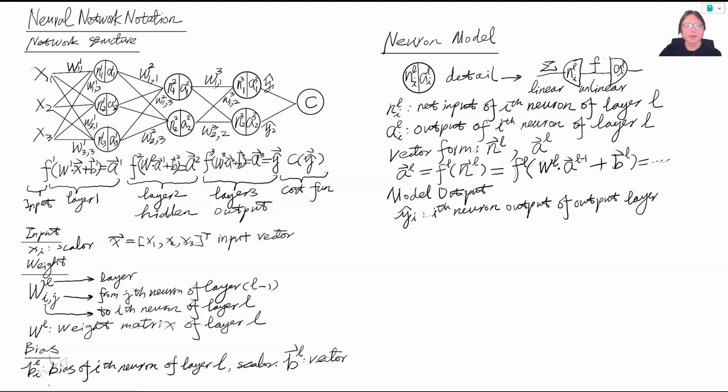Similarly, we put a small hat on top of Y, just saying this is an estimation of the real output. So there'll be a hat on Y if you write it in vector form. In this case, the network output equals the neuron output of the output layer. We have explained almost everything from left to right.